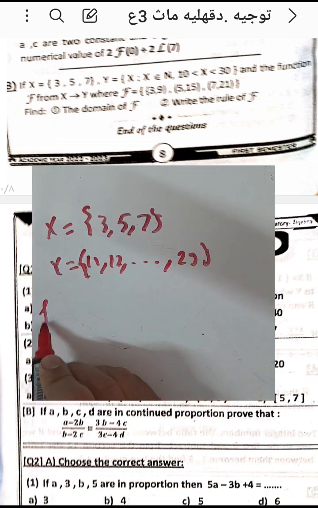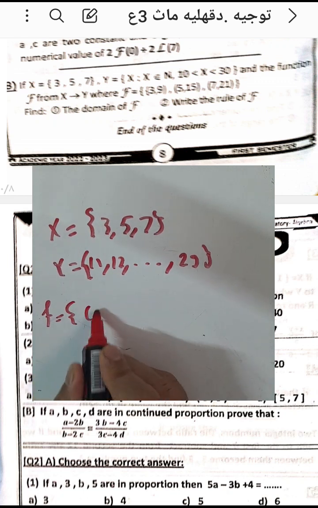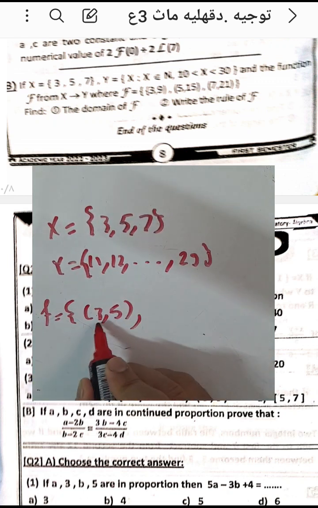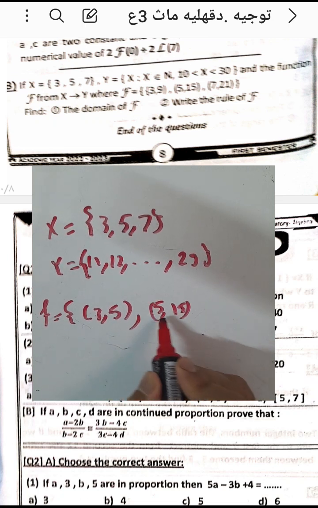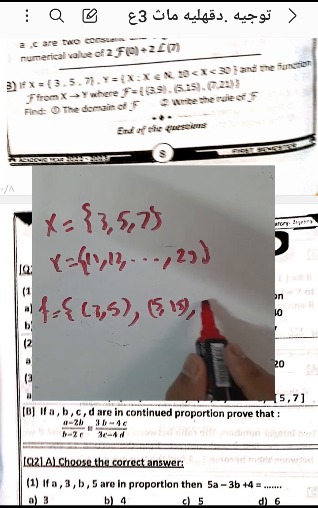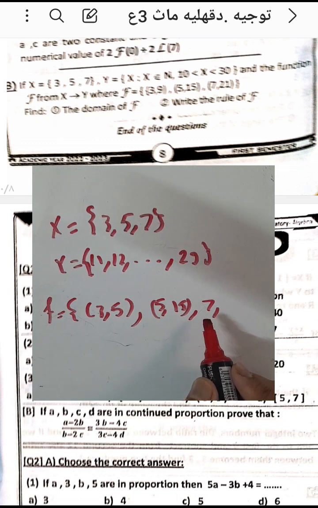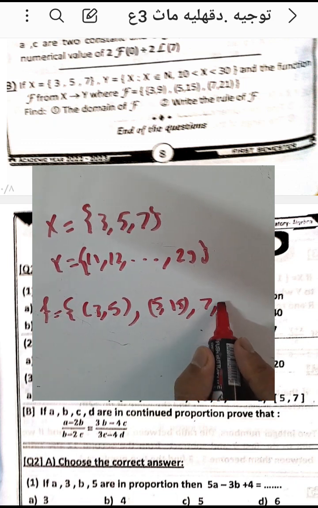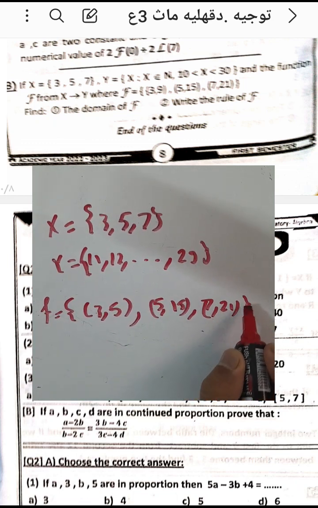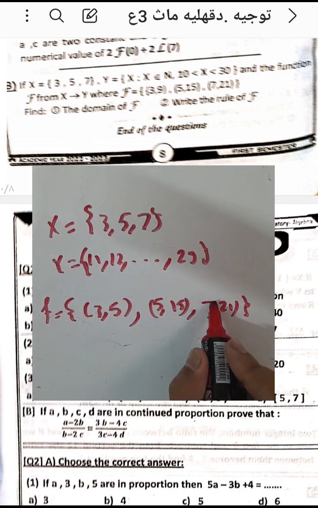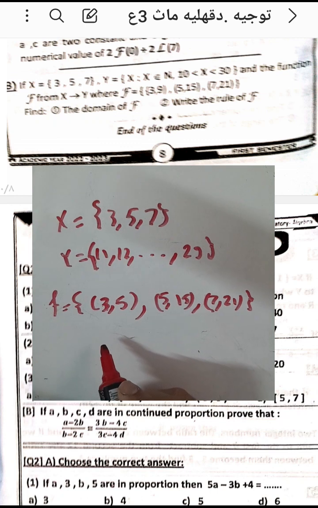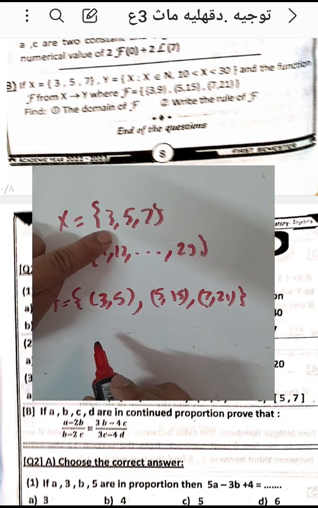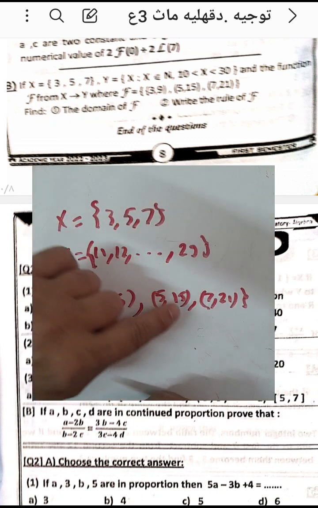And the function here, the image of 3 with 5, 3 plus 2 equals 5, and 5 times 3 equals 15, and for 7 it will be 21, 7 times 3 equals 21. We have 3 here, it will be 9, and 5 will be 15, and 7 will be 21.